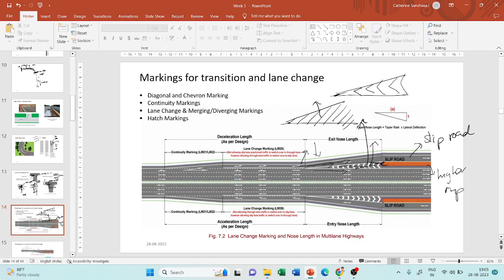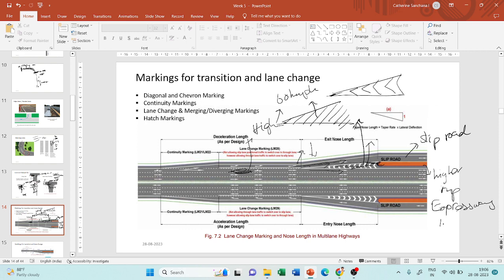Say if it is a state highway and its design speed is say 60 kmph, and there is one more road at a different level, which is of higher importance, say an expressway, and design speed is 100 kmph.